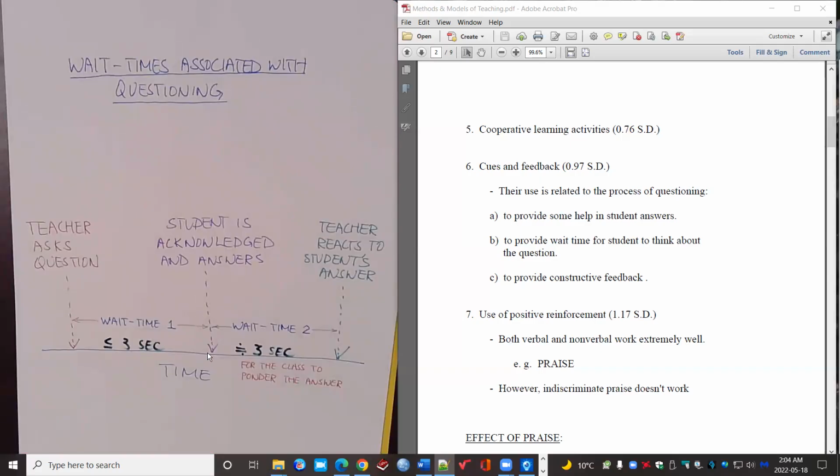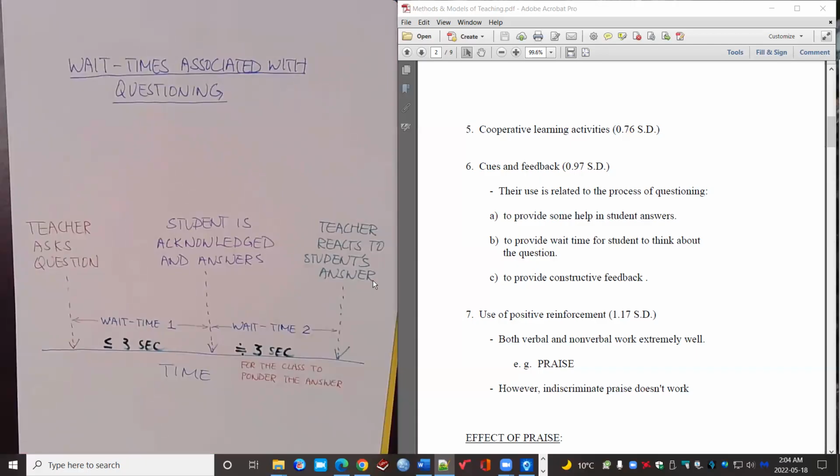Then after the answer, the teacher should wait approximately about 3 seconds. Why? For the class to ponder the answer before the teacher reacts to the student's answer. Is it good? All right.